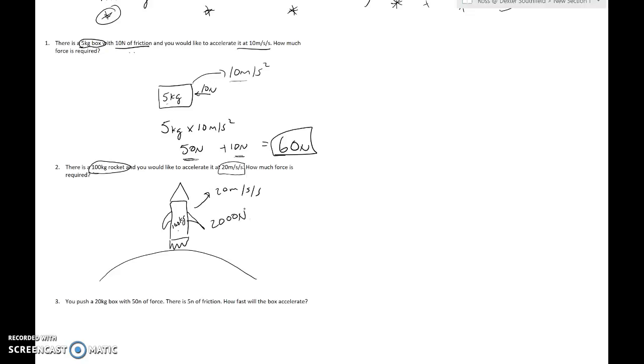Right? And then if we're dealing with the downward force of gravity, the force of gravity is equal to the mass times acceleration due to gravity, the mass being 100, acceleration due to gravity being 10, we come up with 1,000 newtons.